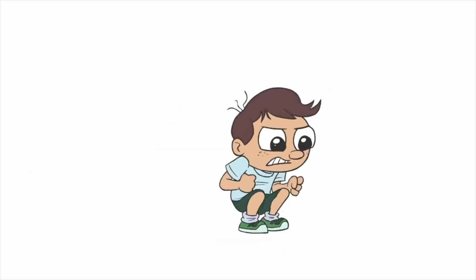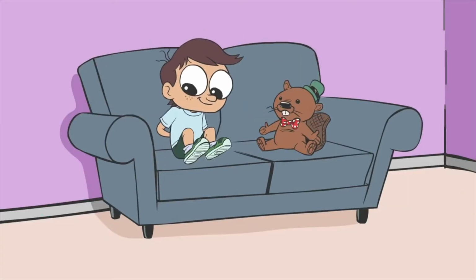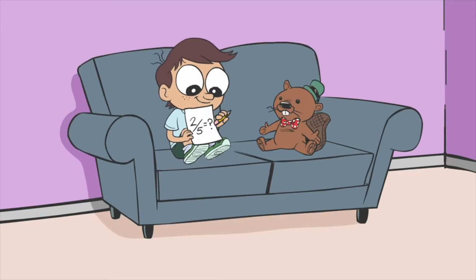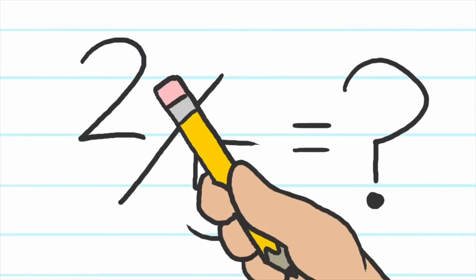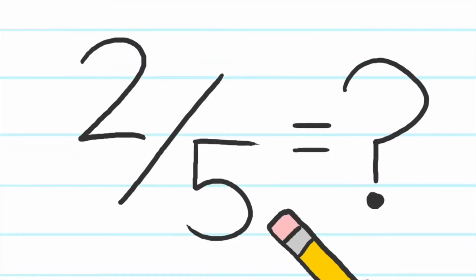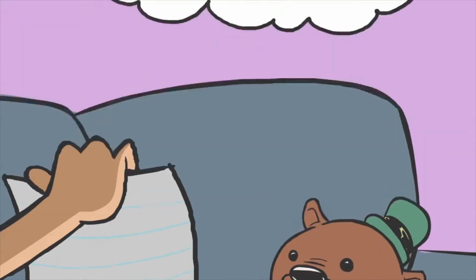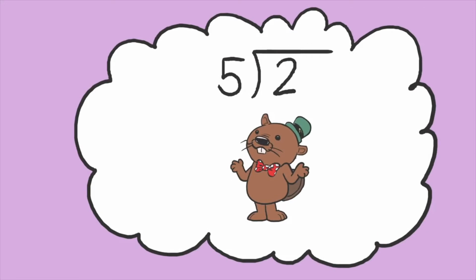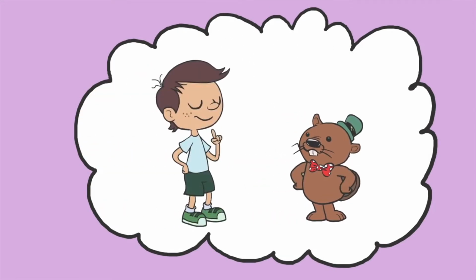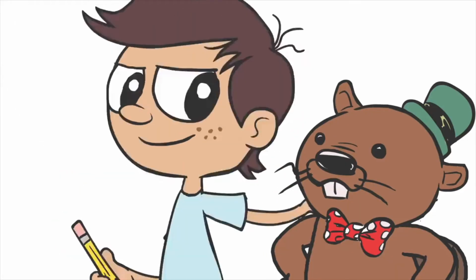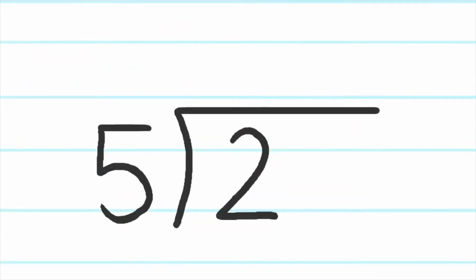Later on, I was hanging with my stuffed animal, showing him how to convert a fraction to a decimal. I divided the numerator by the denominator as he sat there real quiet like a spectator. I bet he was thinking, 5 can't go into 2. But luckily for him, I knew just what to do. I said, listen, here's how it's got to go.